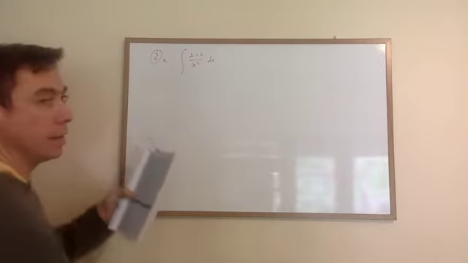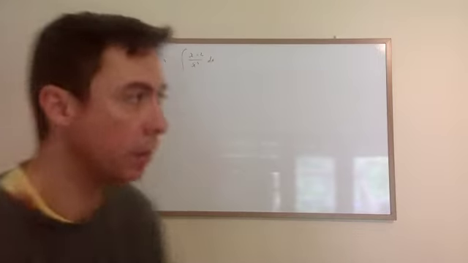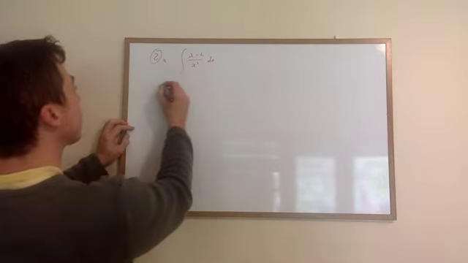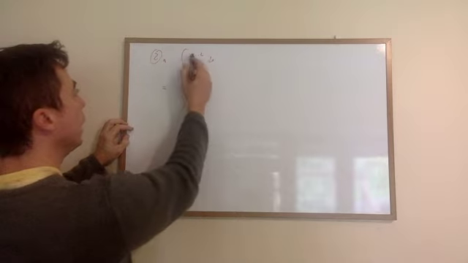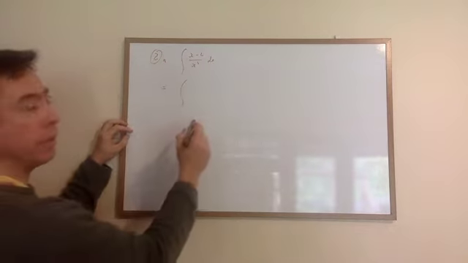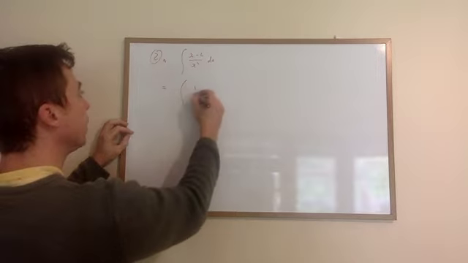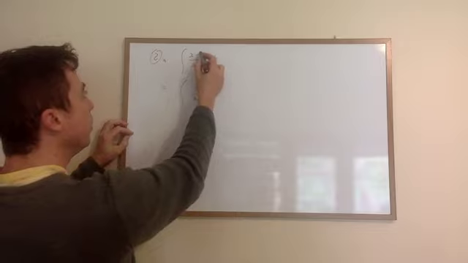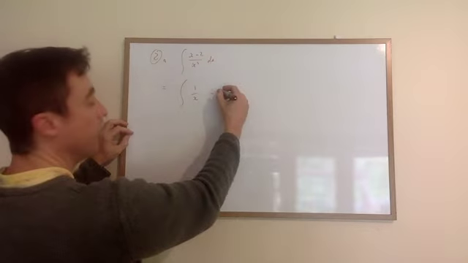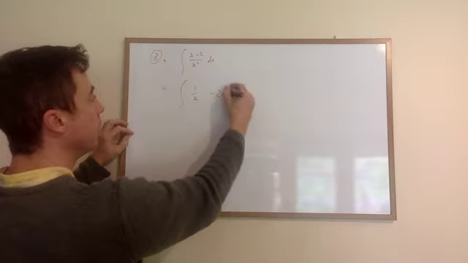Now, split this fraction up to make your life easier. So it's x divided by x squared, that's 1 on x. And you've got 2 divided by x squared. I'm going to write that as 2x to the minus 2.